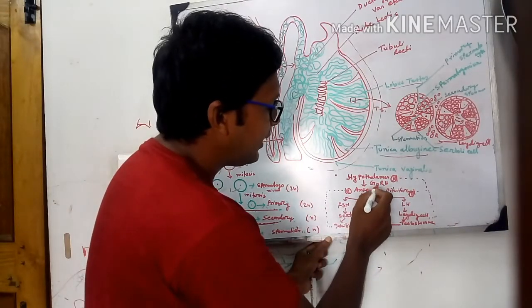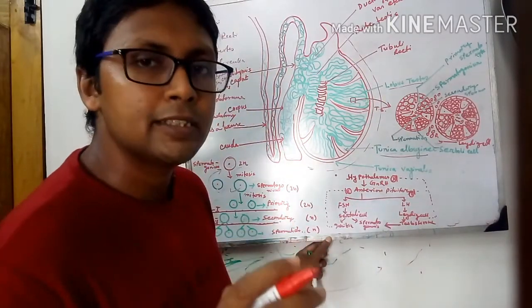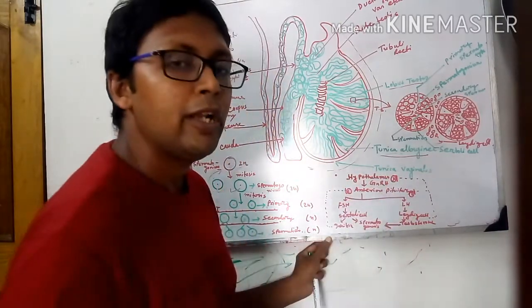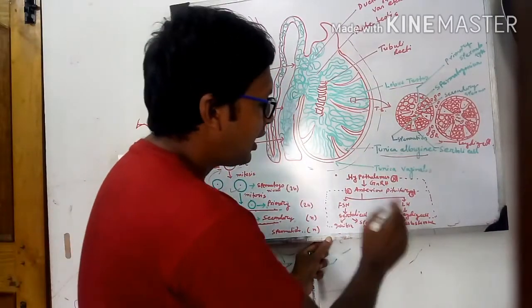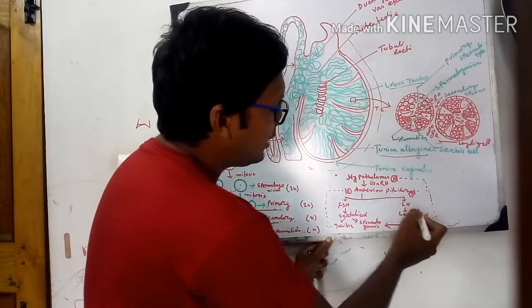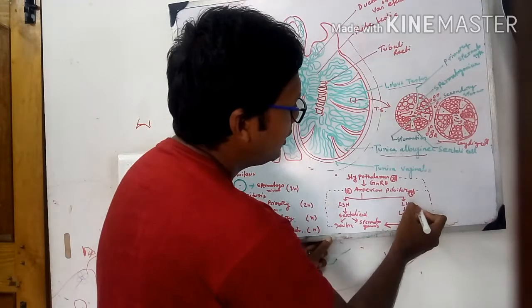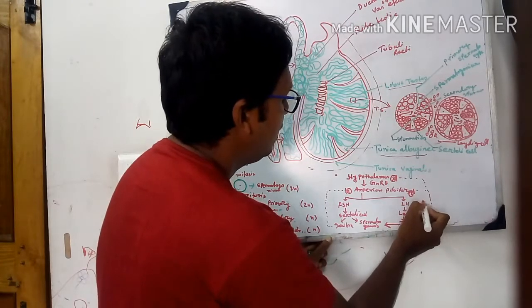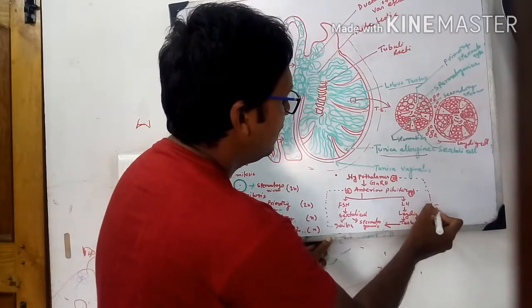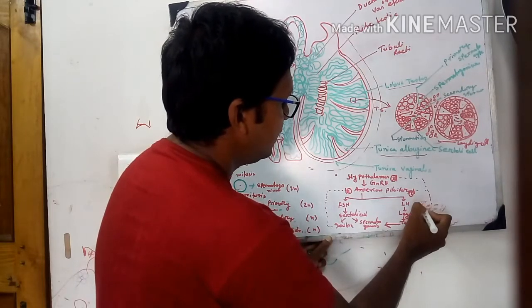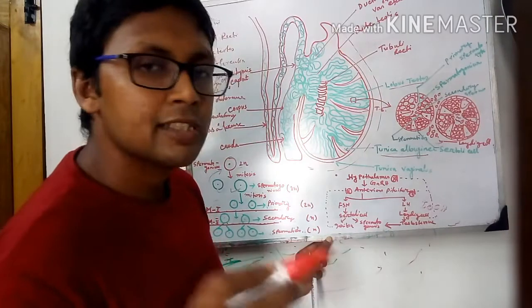The anterior pituitary, by getting a signal from gonadotropin releasing hormone, produces two hormones, FSH and LH: follicle stimulating hormone and luteinizing hormone. Luteinizing hormone is also known as ICSH in the case of male. We know that interstitial cell stimulating hormone, ICSH.